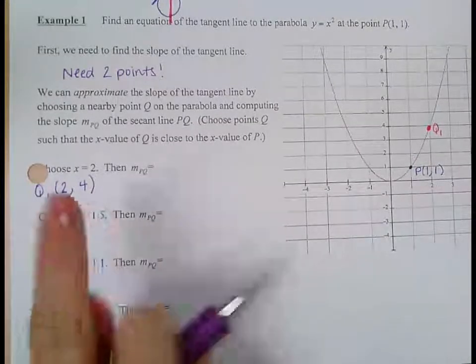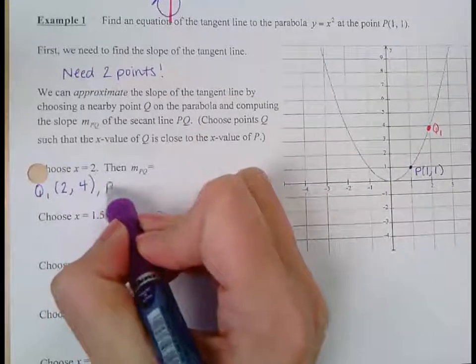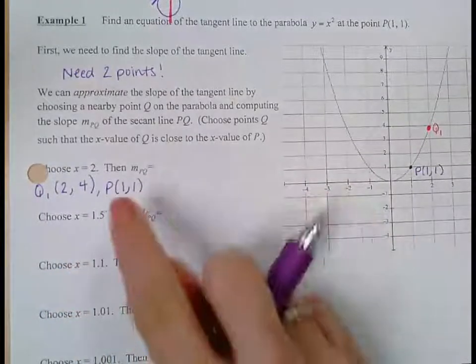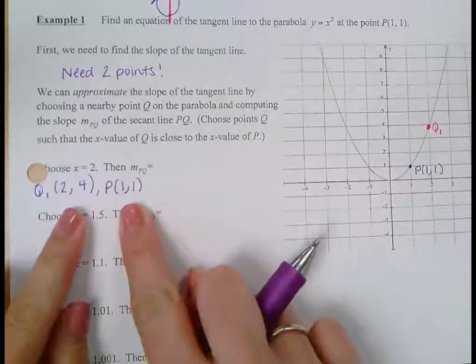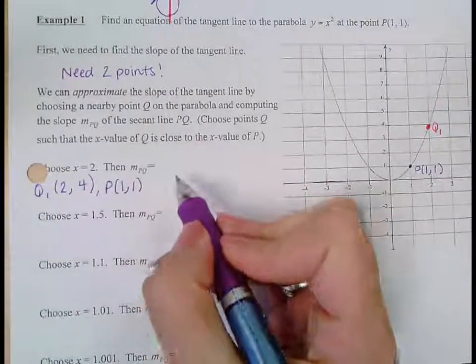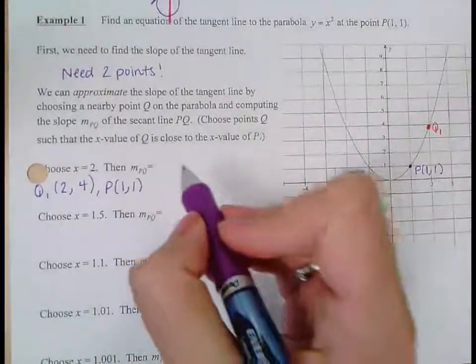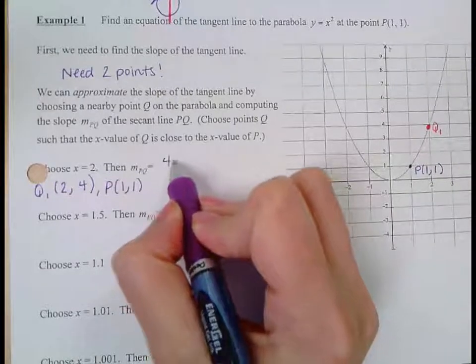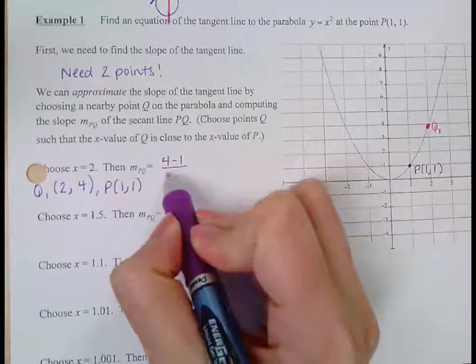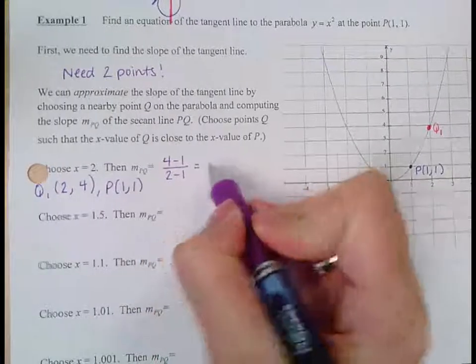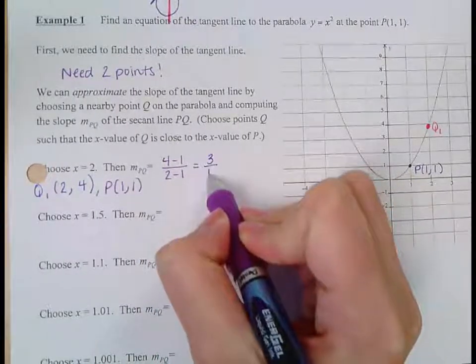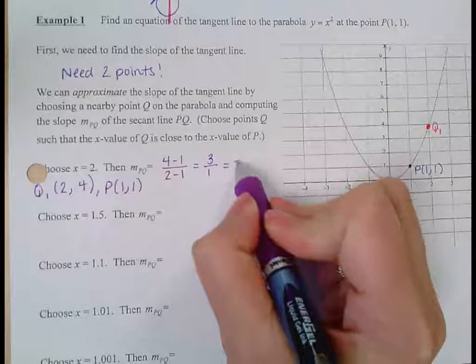And so between this point and then our point P, which has the coordinates 1, 1, I'm going to calculate the slope using the slope formula. So change in y over change in x, I would have 4 minus 1 over 2 minus 1. So 3 over 1, or just 3.